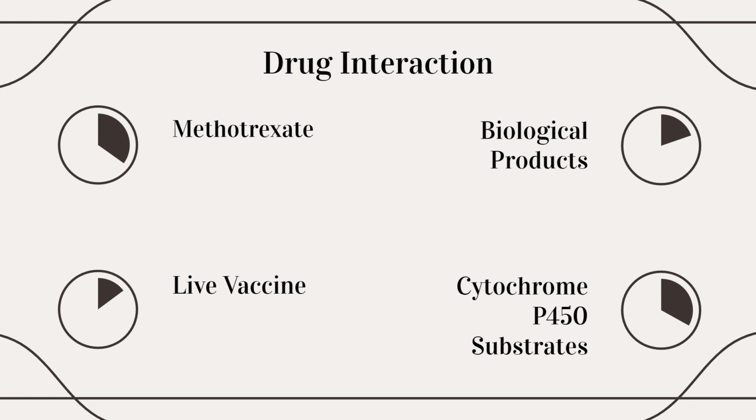And lastly, initiation or discontinuation of Humira in patients being treated with CYP450 substrates with a narrow therapeutic index, such as warfarin, or monitoring of drug concentration of cyclosporine or theophylline, is recommended, and the individual dose of the drug product may be adjusted as needed.